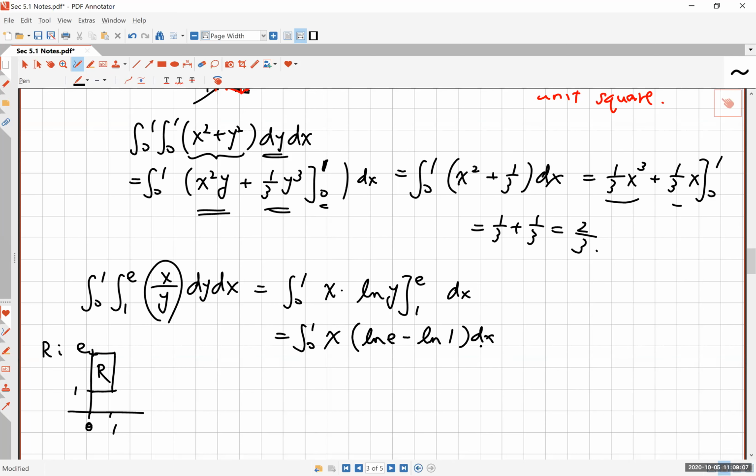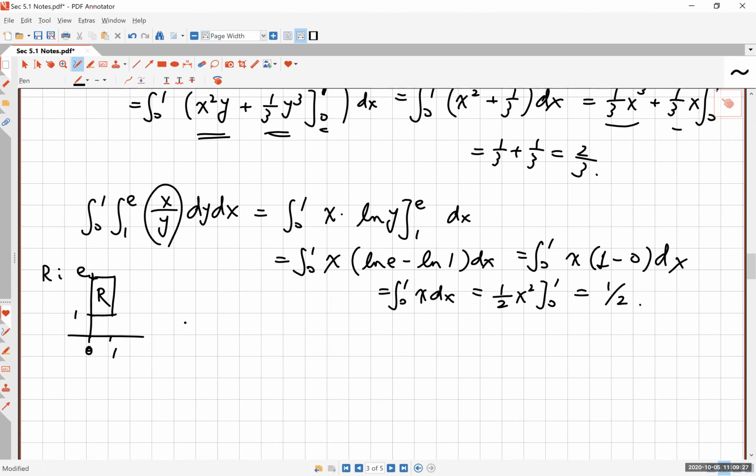I hope you know what they are. The natural log of e is 1, and the natural log of 1 is 0. So this is simply the integral of x dx from 0 to 1. And so the integral simply just becomes 1/2.